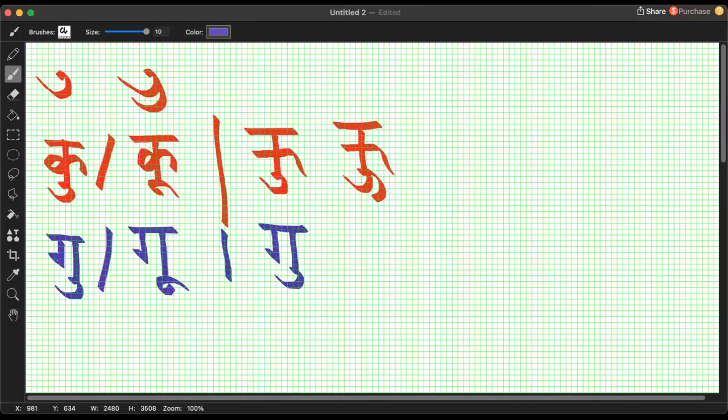No change from the Devanagari. Whereas if you're writing Gu, it changes. Okay. So this is the difference between Devanagari Gu and Sharda Gu.